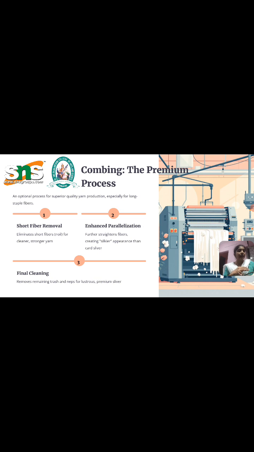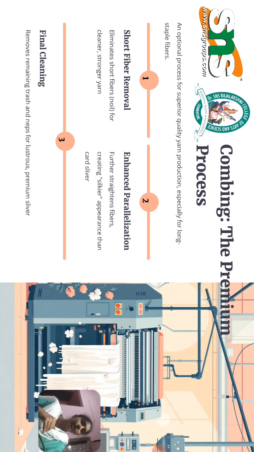Combing is mainly done to give the fibers a proper form, proper length and proper strands, so that there is no puckering effect and no issues. So we can avoid those problems. Combing is mainly a premium process, but it is optional. If we need it, we can go on with it, or else we can skip it and go on to the next. After carding, we can go on with drawing and roving.